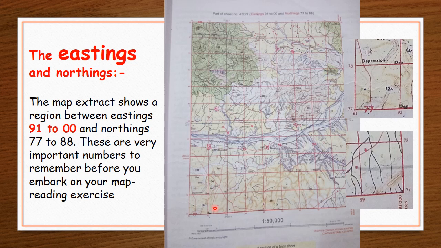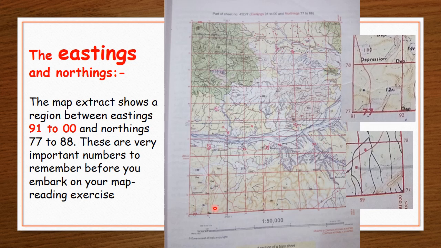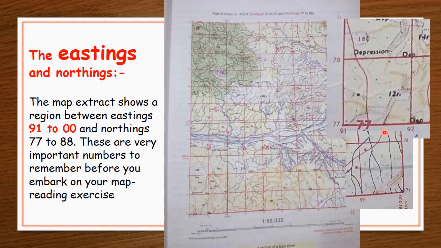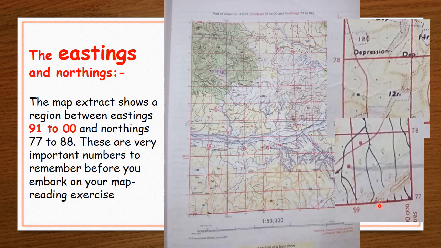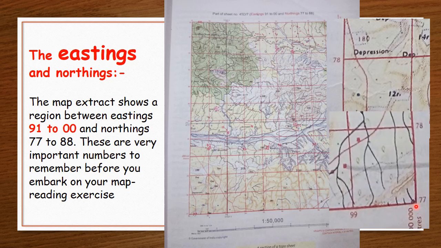So this is the first easting. We are always reading from the southwest corner. So 91 to 00. Here this is 91, and after 99 it comes 00, though it is not mentioned. So here you can understand the eastings on the map sheet. One thing I would like to share with you: in the whole video session, I have used only one map extract, that is 45D7.